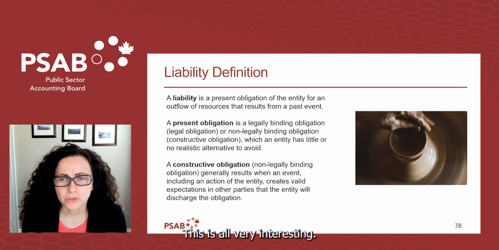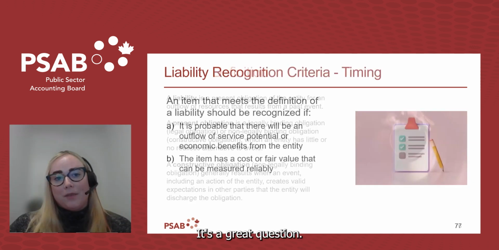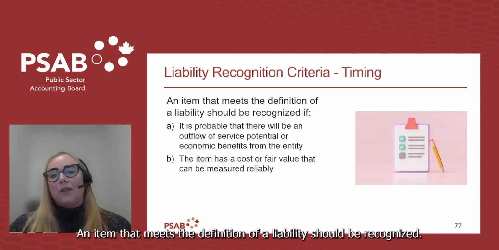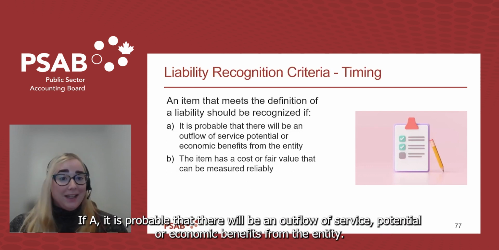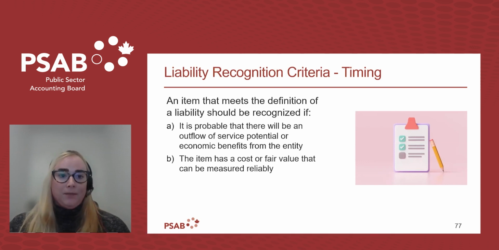This is all very interesting. Thank you, Riley. So how do we know when we should recognize a liability? It's a great question. An item that meets the definition of a liability should be recognized if A, it is probable that there will be an outflow of service potential or economic benefits from the entity, and B, the item has a cost or fair value that can be measured reliably.